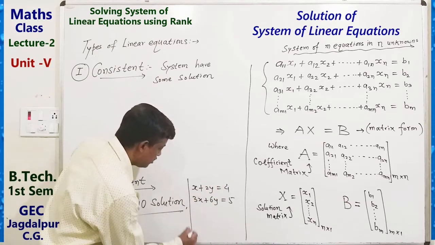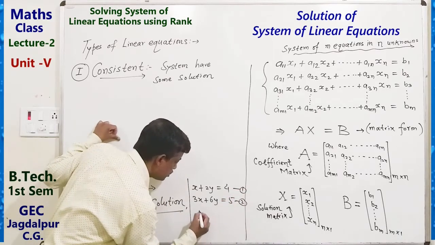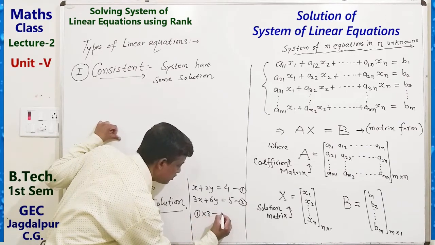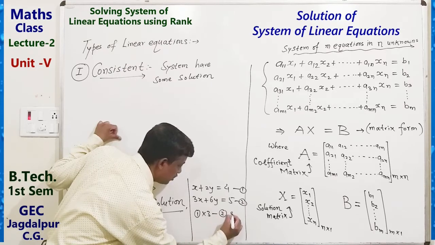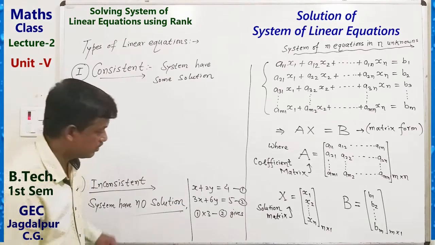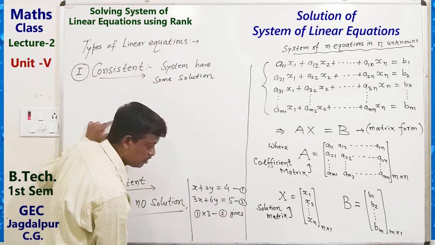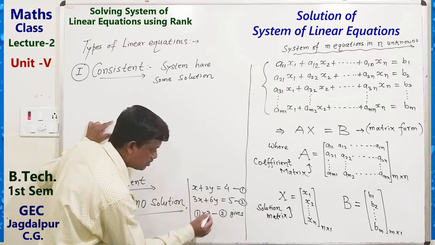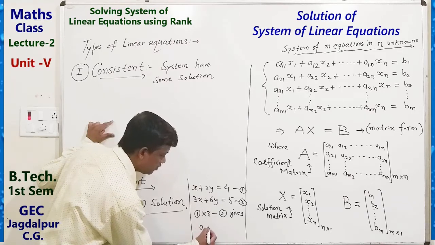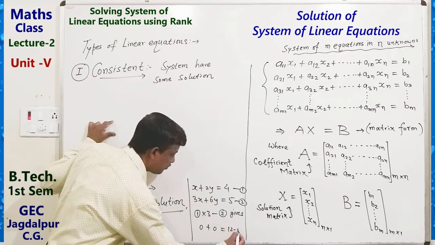Equation 1 into 3 minus equation 2 gives 0 plus 0 equals to 12 minus 5 equals to 7.